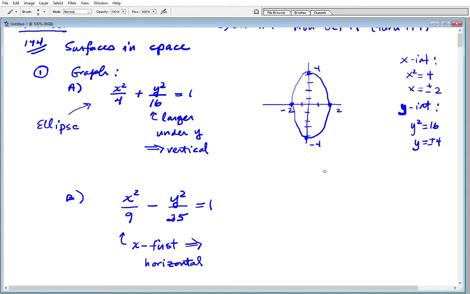So when we set y equal to 0, we have some x-intercepts: x squared over 9 equals 1, or x squared equals 9, x equals plus or minus 3.